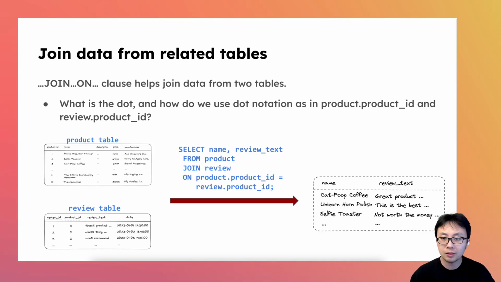So what's a dot, and how do we use the dot notation as you see in product.productId and review.productId? Well, the dot notation is a SQL syntax that's used to separate parts of a name. Product.productId, for example, refers to the productId column in the product table. For another example, product.name can refer to the name column in the product table.